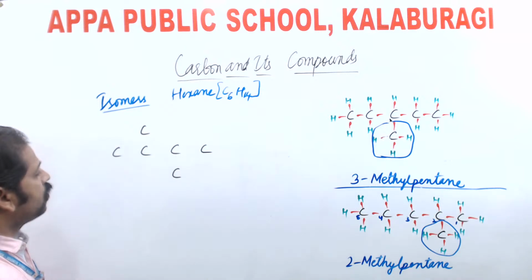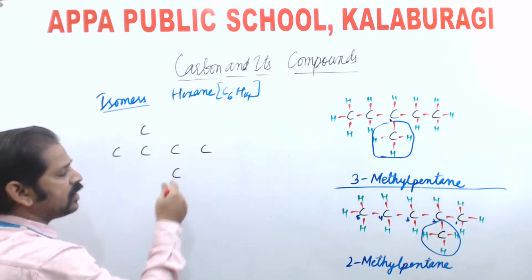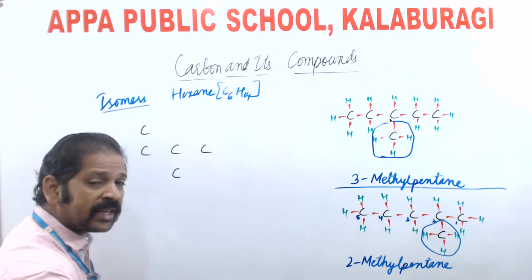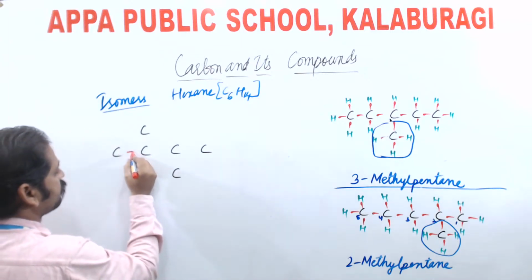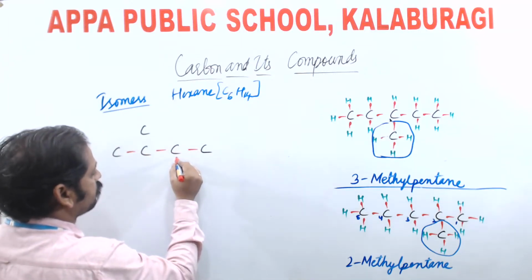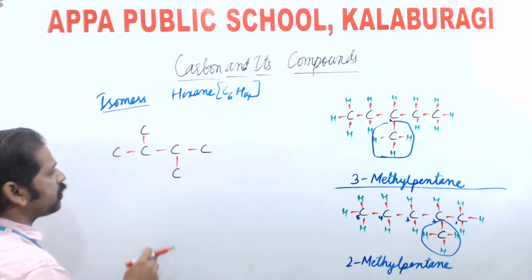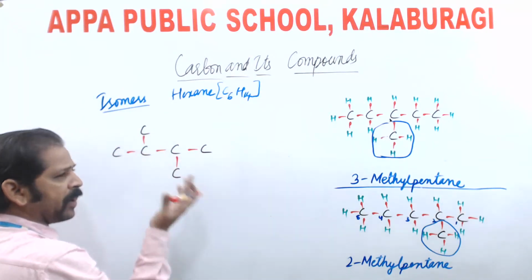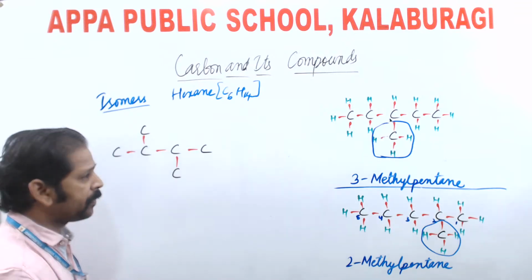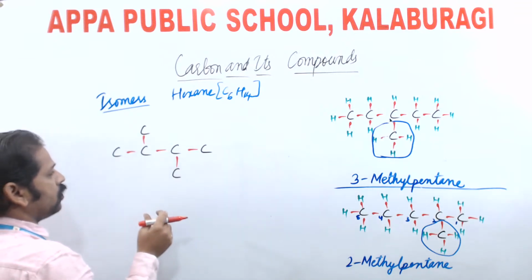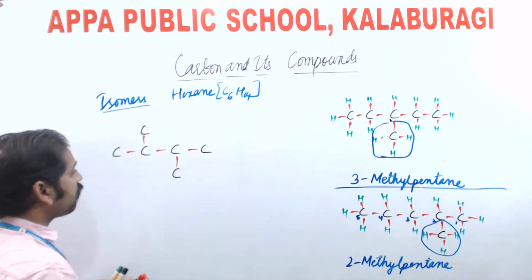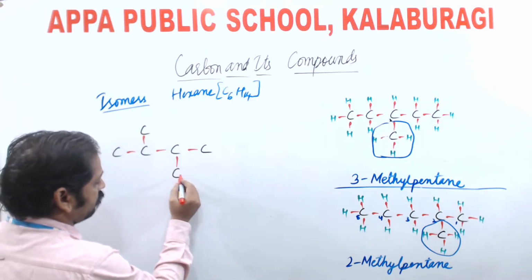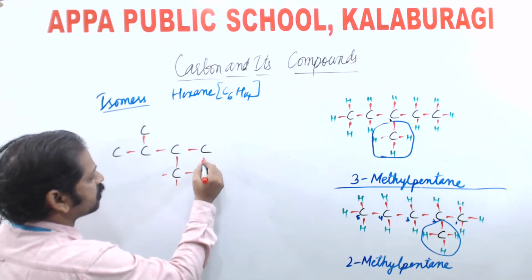That is, these four are considered as parent chain, and these two are considered as branches. Yes, you can count 1, 2, 3, 4 as parent, these two as branches. No problem. Now, number of carbons are 4 in the parent chain, with bonds everywhere on this carbon.